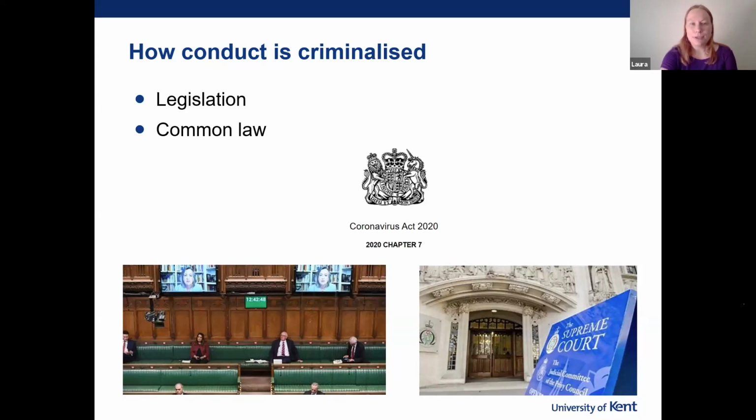The House of Commons combined with the House of Lords legislate in Acts of Parliament, also referred to as statutes. And the end result, which then receives royal assent from the monarch, is a written document that will contain various crimes and the punishment attached to those crimes.